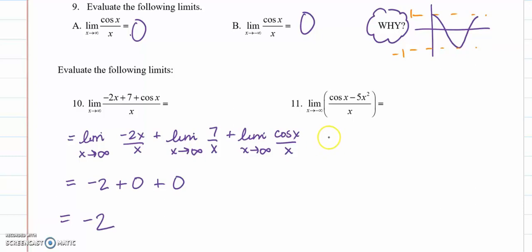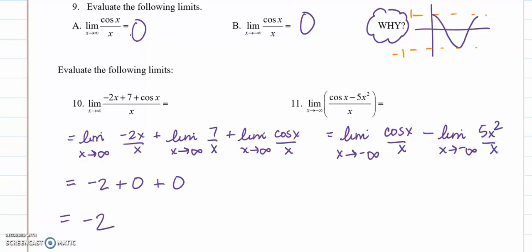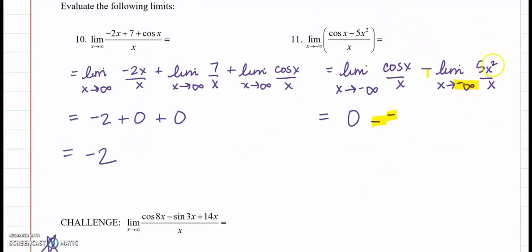Number 11 breaks down into 2 limits. This first limit will become 0. When you simplify x squared over x, it becomes x. When you substitute the minus infinity in, this is 5 times minus infinity, which is still -infinity. The double negative here will make the overall limit infinity.